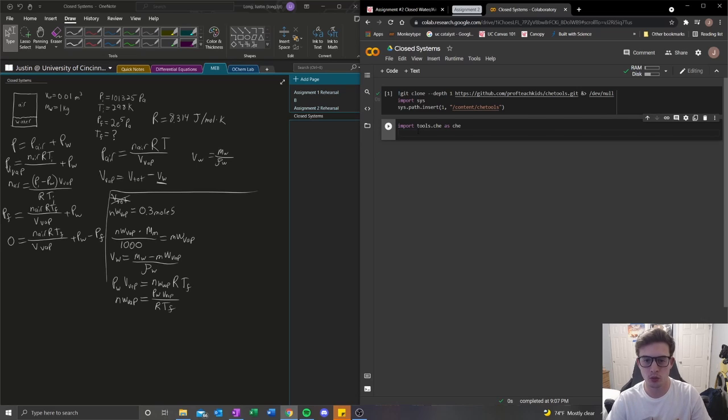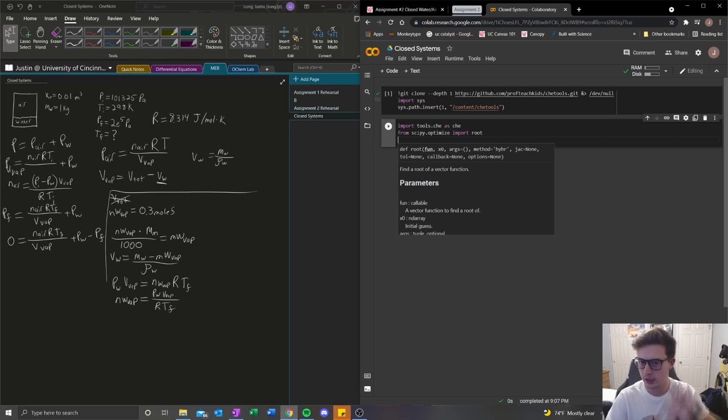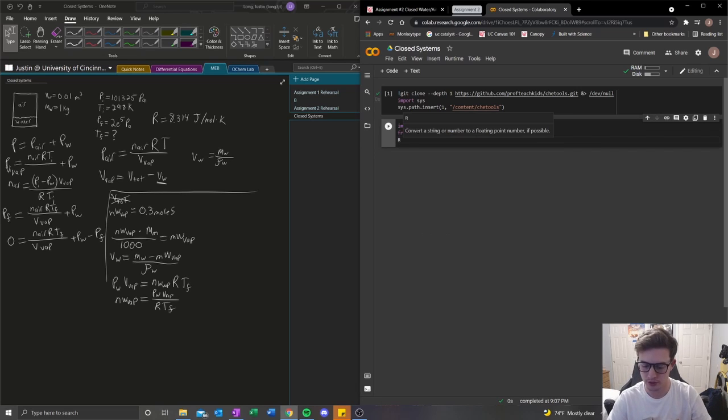Then we're going to need the root solver so we can get our answers here. So I'm going to get that from SciPy, scipy.optimize, import root.